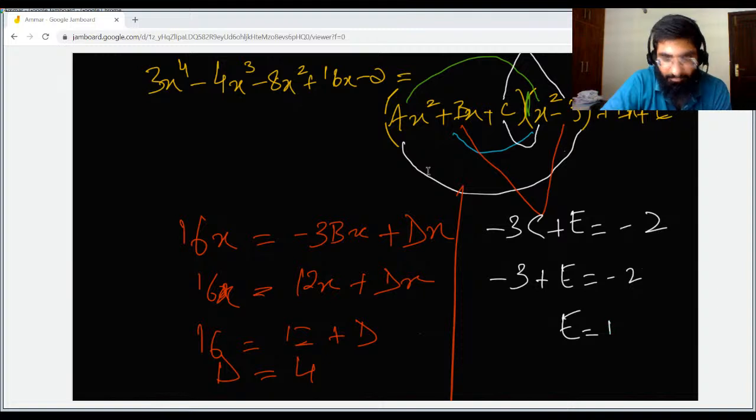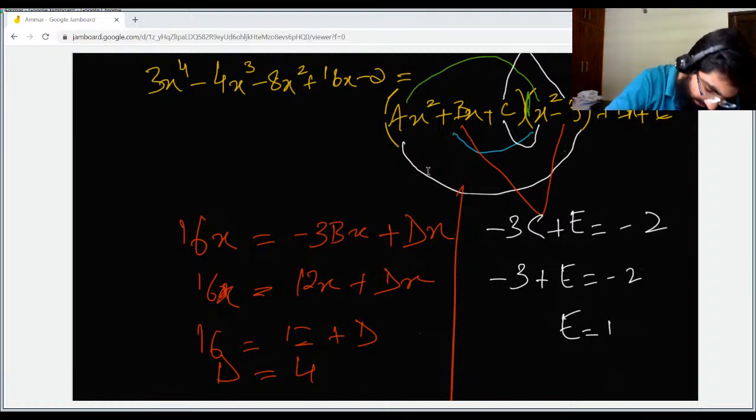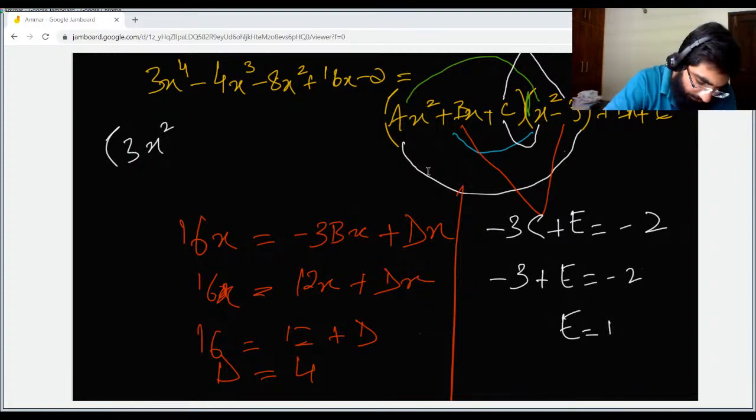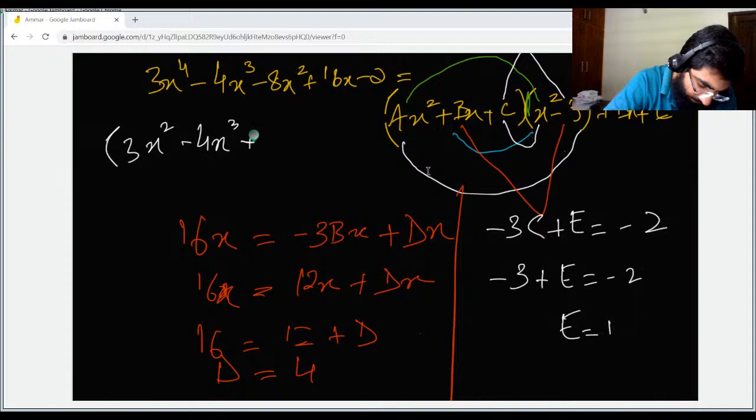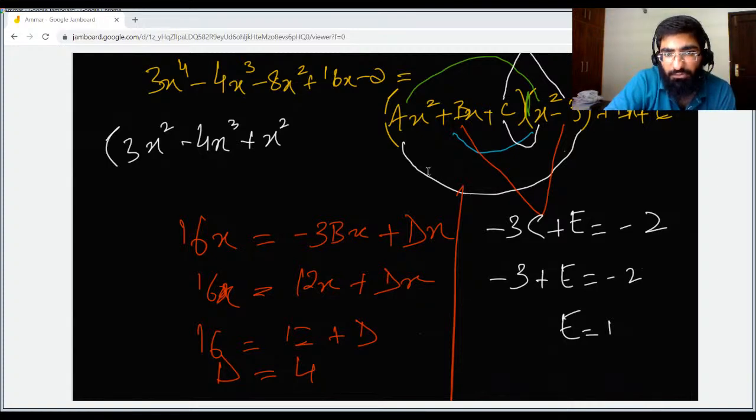Now if I put all these values in ax squared plus bx plus c, a was 3x squared plus, or in fact, minus 4x.